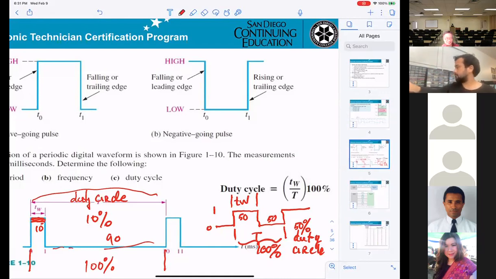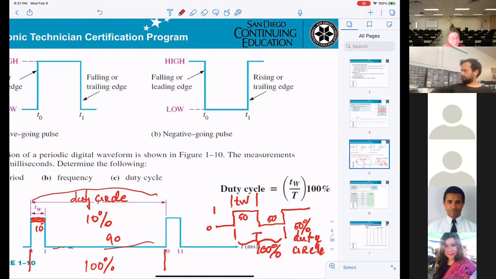Oh, so you're saying it only describes the signal. It describes the signal, and that's all it does. In other words, on one side it's 50%, on the other side it's 50%. But if one side is 10%, the other side 90%, then it's describing it that way. All right, okay, thank you.